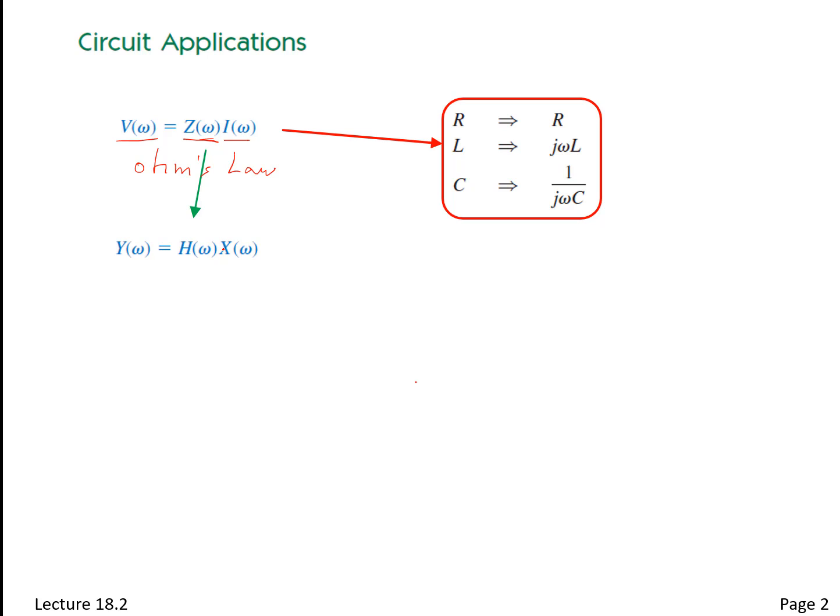Okay, and the important thing here that we want to turn around to get to the transform thinking and to get to circuit applications, because I started with something that looks a lot like Ohm's law. If we just twist this little guy around and solve for h, right, as is done here, h is a function of one item over another, y divided by x. Okay, so it's sort of like output divided by input is the transfer function.